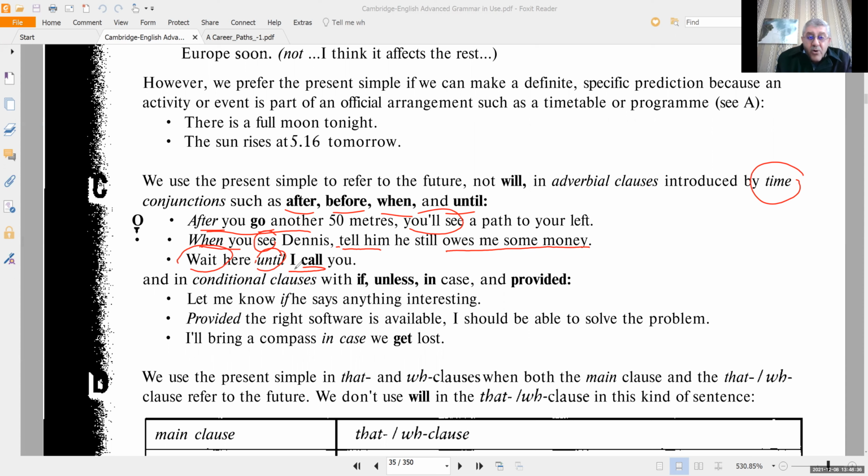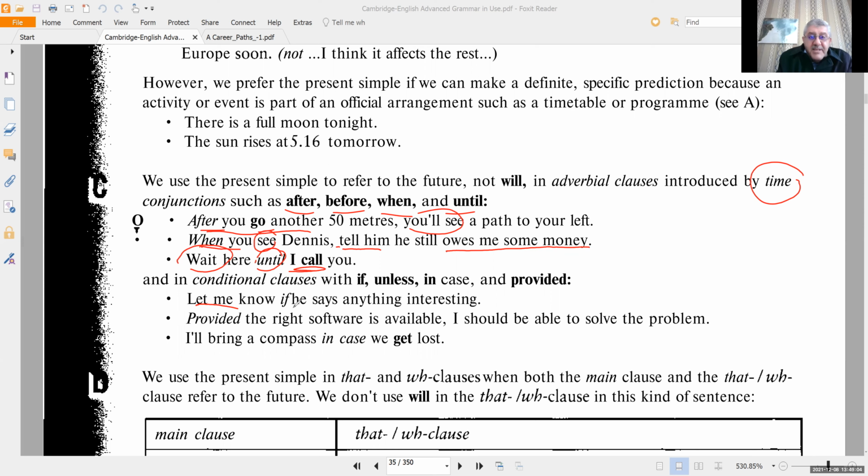Until حتى I call you. Not until I will call you. لا. Wait until I call. لاحظوا هنا الاستخدام كأنه أفعال أمر وتوجيهات، إعطاء directions، فلا نحتاج إلى تعقيد هذا الكلام. مجرد ذكر الزمان after, before, until, when. نستخدم المضارع البسيط لاختصار التعقيد واختصار الجمل الطويلة.